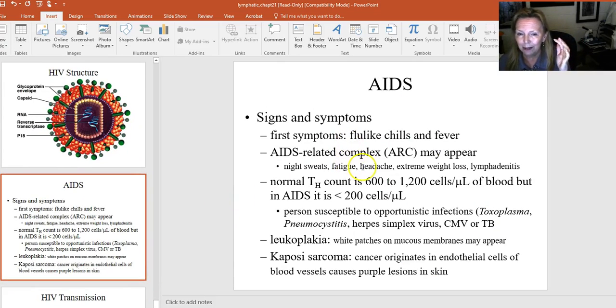This particular virus is not easily spread. You have to have direct fluid contact, and it's not in all fluids in high enough numbers to transmit it. It's not high enough in saliva to be transmitted, but there's a lot of it in breast milk.